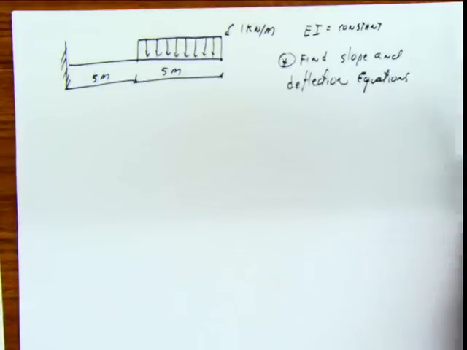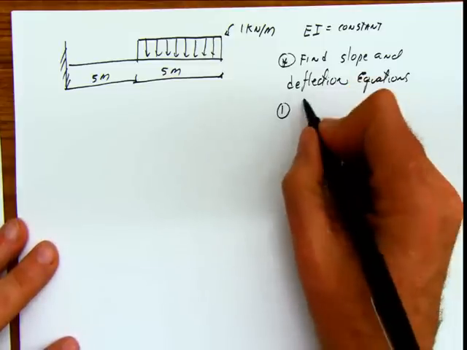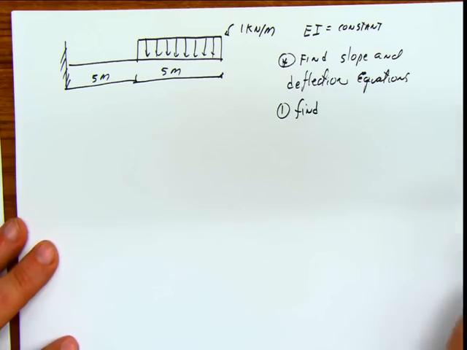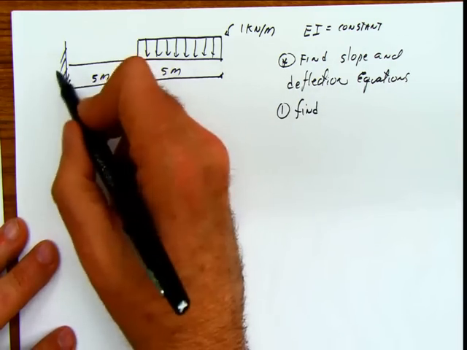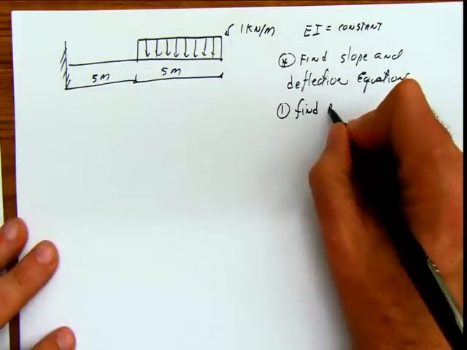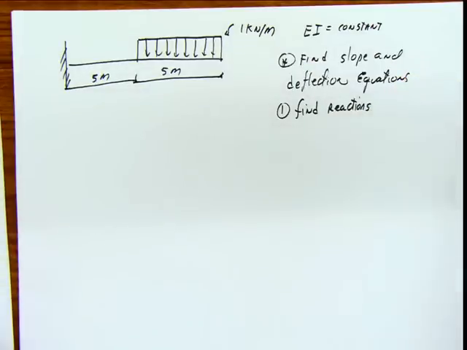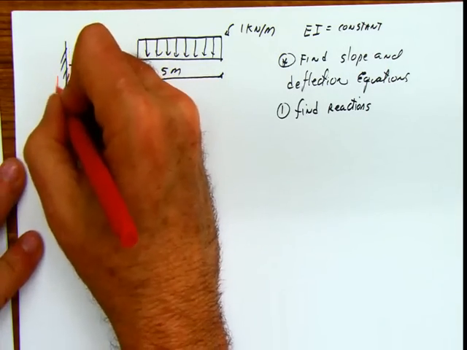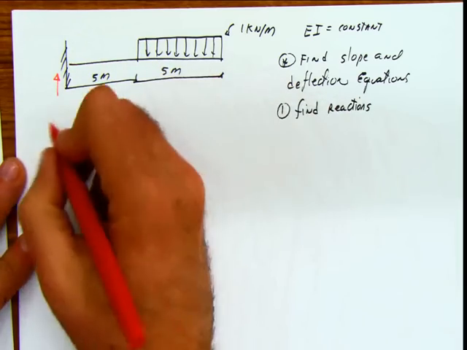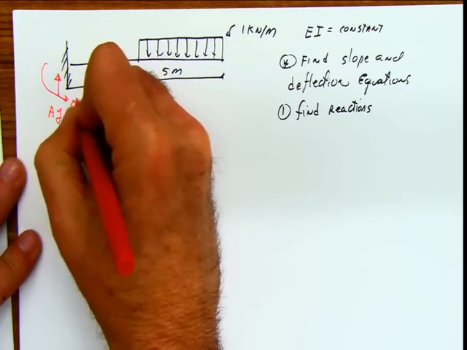So how do we proceed with this? The first thing that we have to do is find the reactions. We find the reactions by static means, because this beam is statically determined. You only have three unknowns here. Remember, reactions for this fixed support are going to be AY and MA.